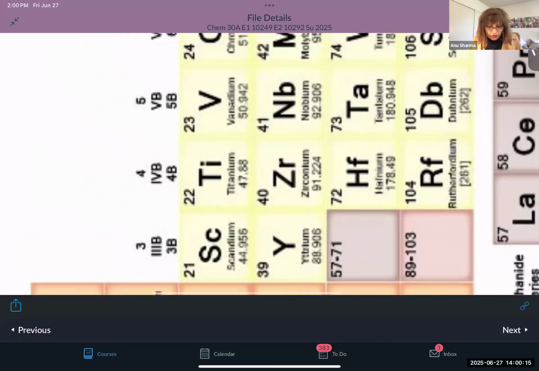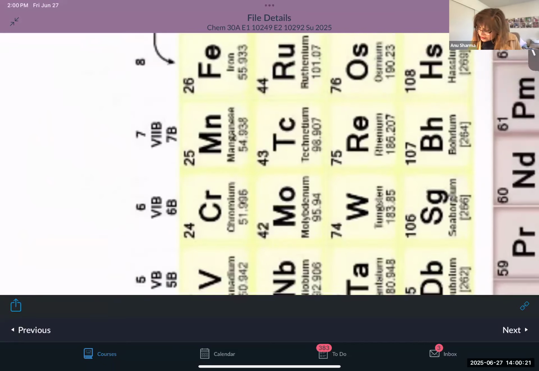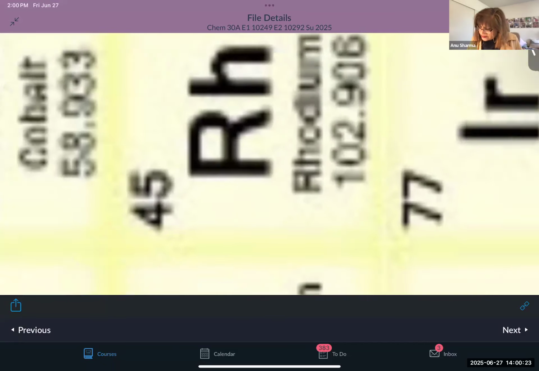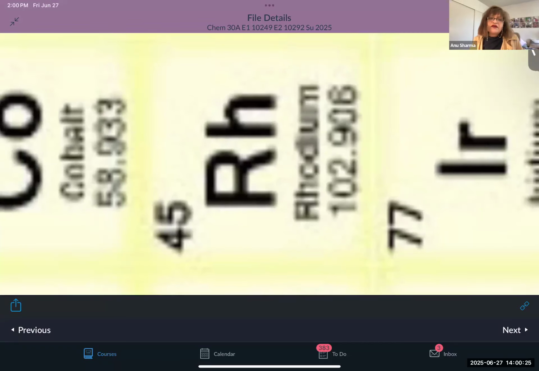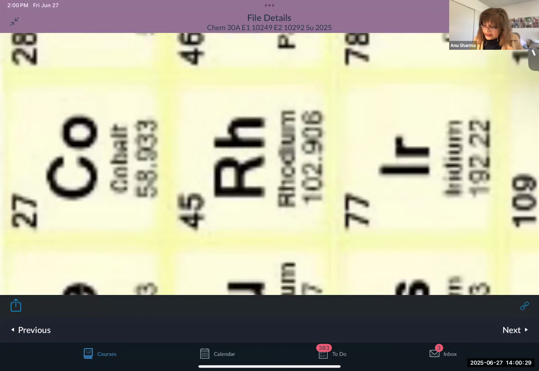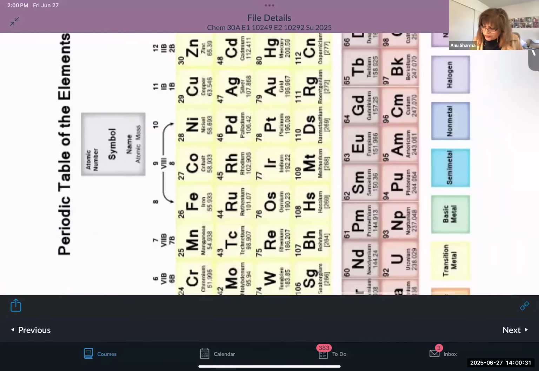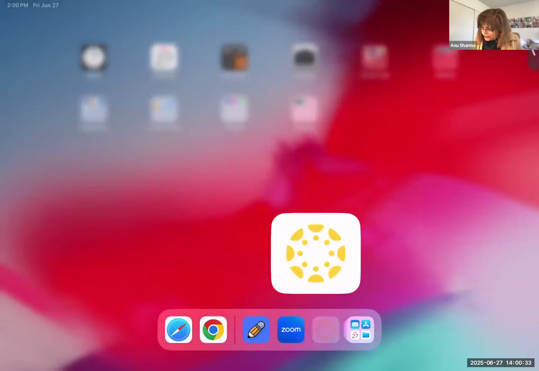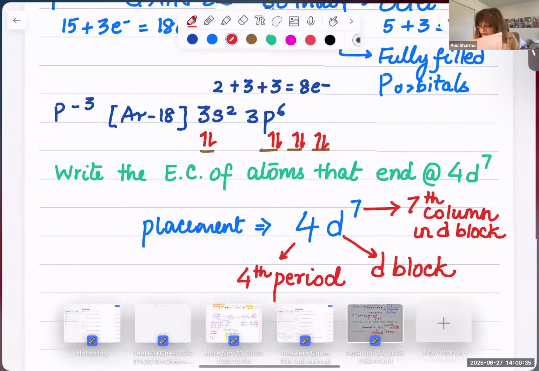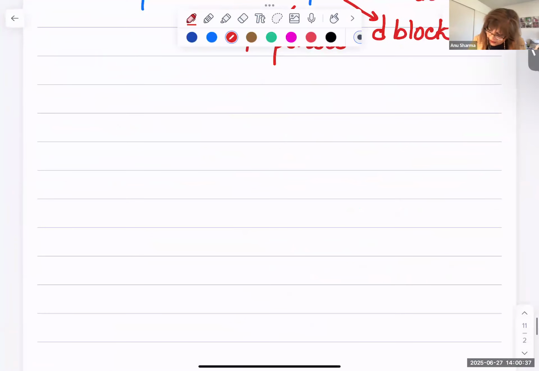And seventh column: 1, 2, 3, 4, 5, 6, 7. Seventh is rhodium, Rh, number 45. So all of them are going to end in 4d7. So let's do number 45.